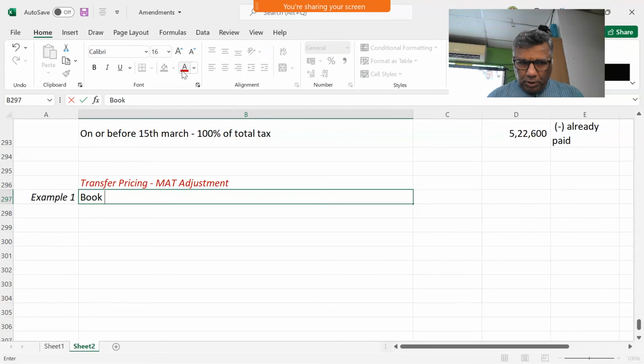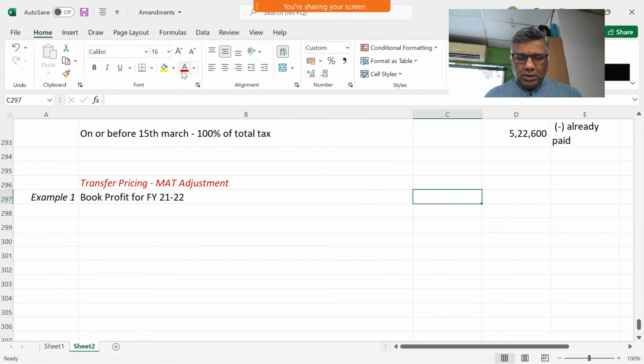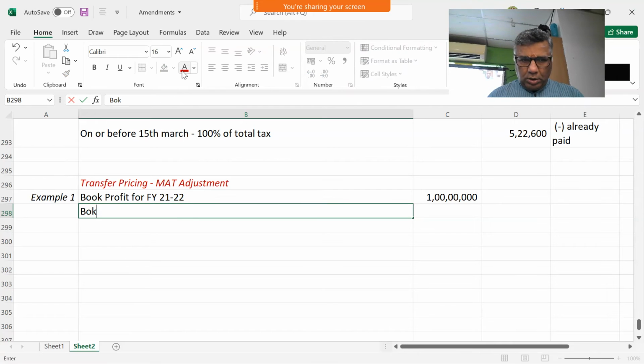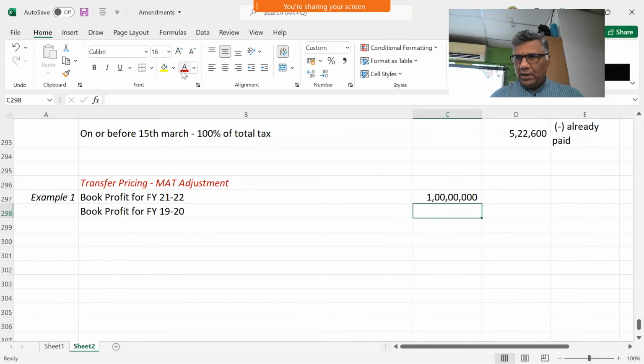Book profit for financial year 21-22, let us take it as 100 lakhs, 1 crore. Book profit for financial year 19-20, let me take it as 40 lakhs.